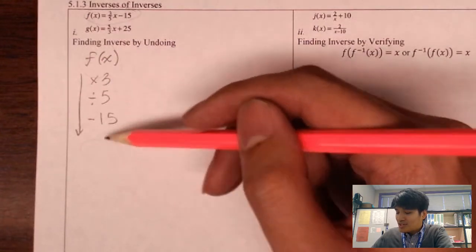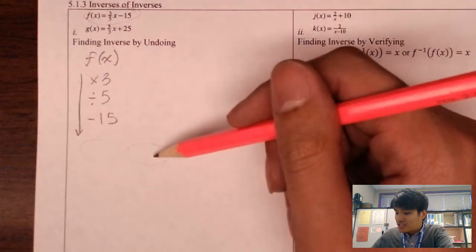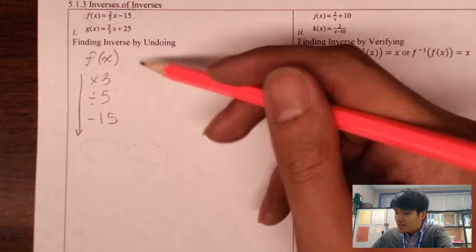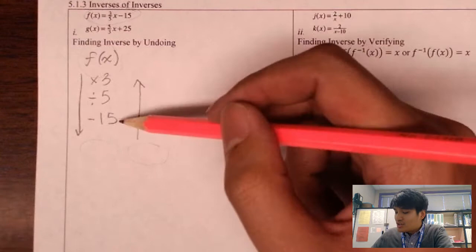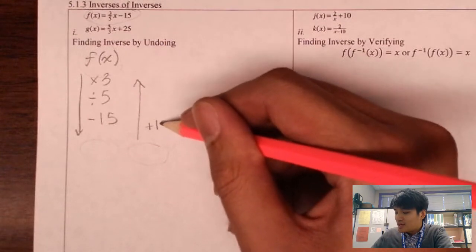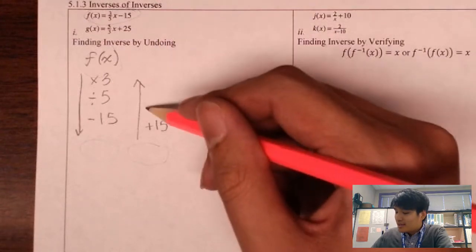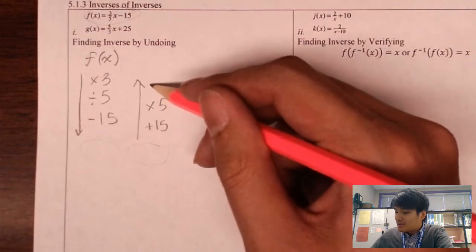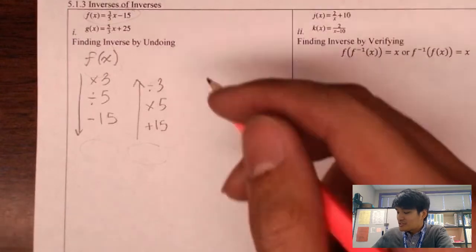The concept of inverses essentially is that the outputs of the original function become the inputs of the inverse. So in this case, we're going to go backwards now. To undo this negative 15, we change it to positive 15 because adding is undoing subtraction. We're going to multiply by 5, and then divide by 3, because those are the opposite operations.